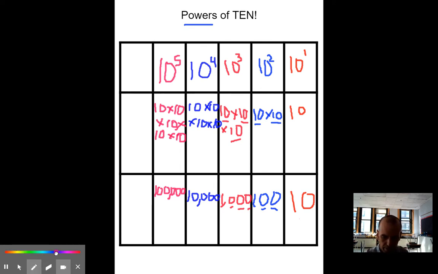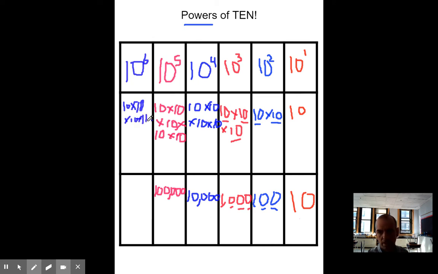And finally, you should definitely have the pattern by now. It's 10 to the 6th. And how many tens do we multiply? 6. So 10 times 10 times 10 times 10 times 10 times 10. 6 tens.